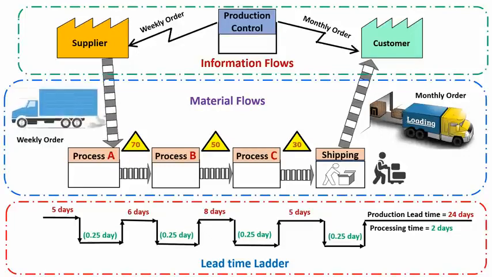So in this case, if you divide 2 by 24, you will get that only 4.2% is the value added time, and about 95.8% is the non-value added time. That is the waste. So now you have the value stream mapping showing where you are adding value and where you are adding waste.